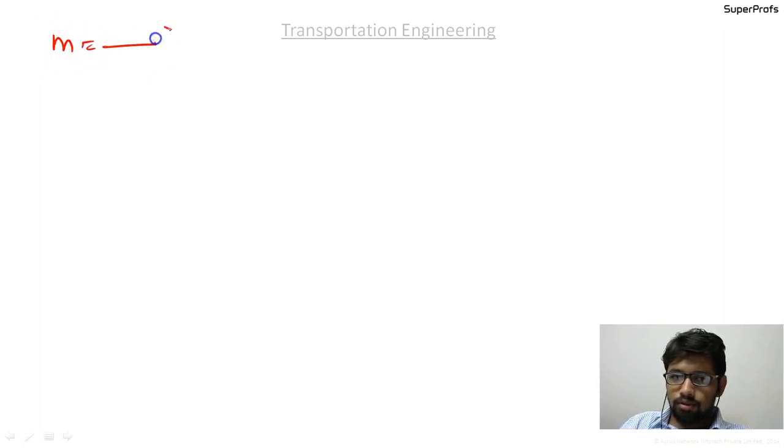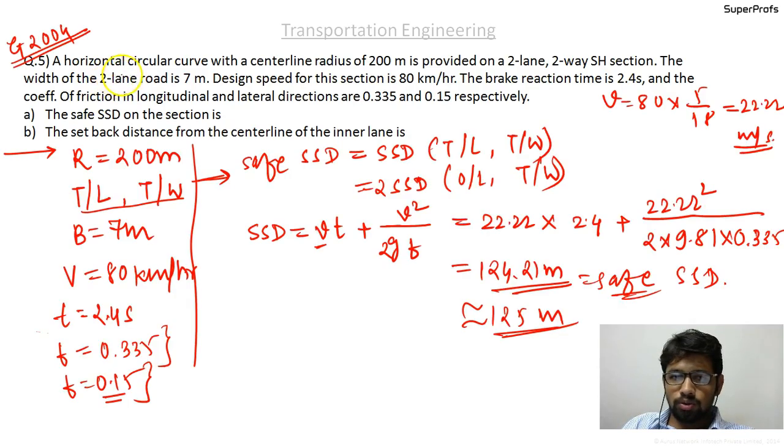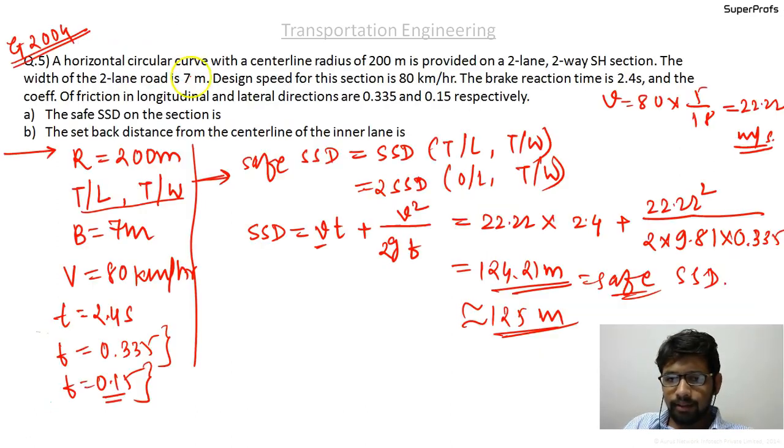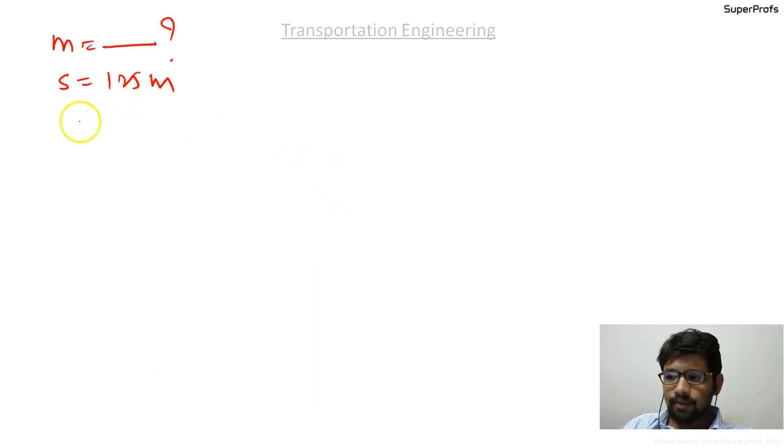m equal to what? What is the setback distance? We have calculated s equal to 125 meters. Actually, we calculated it to be 124.21 meters, but let us consider it 125 meters, and the length l is not known.